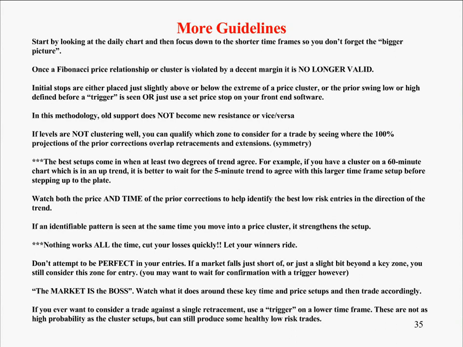There's a good example of that. I believe I posted it on Twitter, where I had a swing up that was 11 trading days in the euro, and then we had a second swing that was also up 11 trading days, and it was into both a symmetry projection and a 1272 price extension.